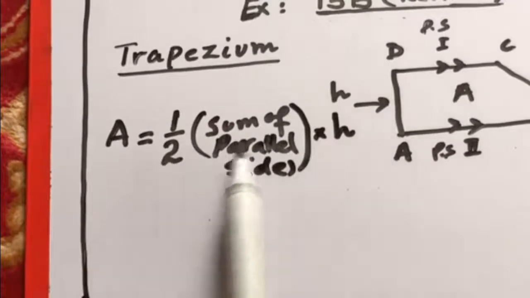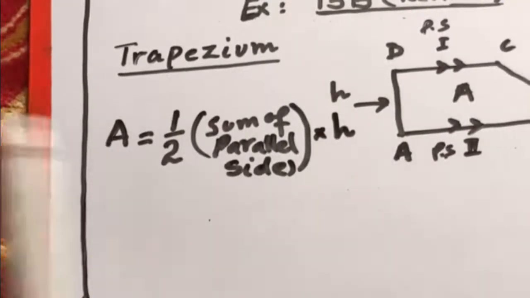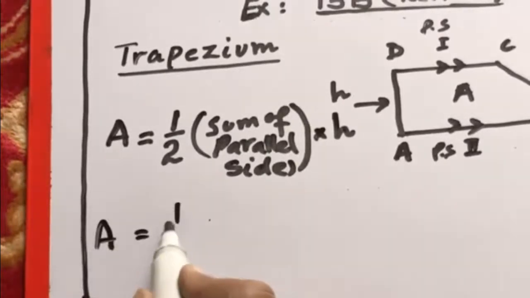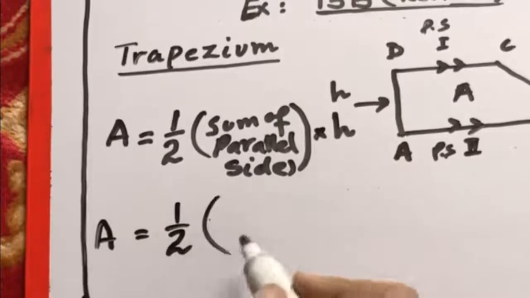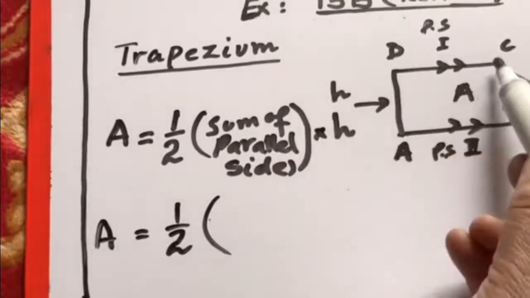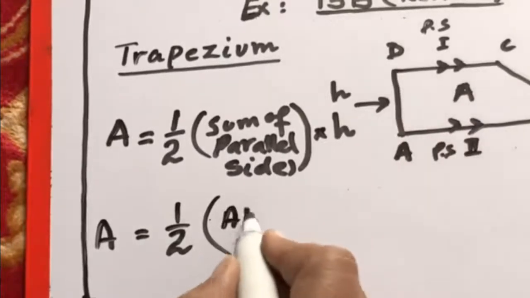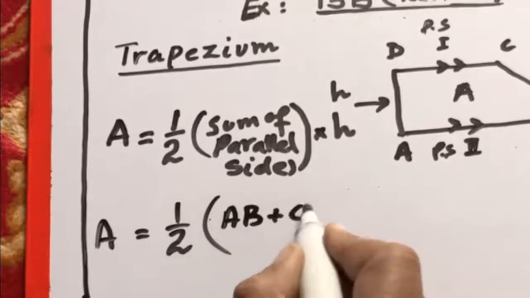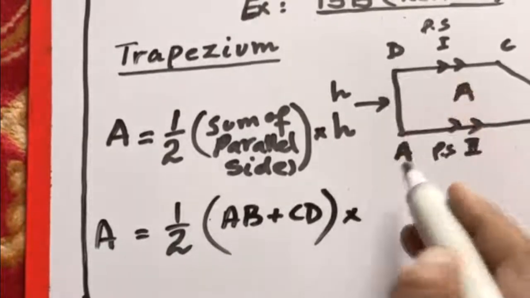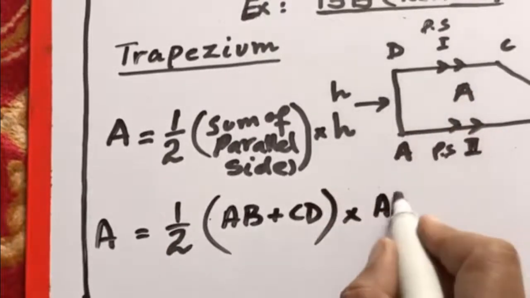So it is the formula to find the area of a trapezium. So we can write 1 over 2, sum of parallel sides, the first side is CD or AB. So we can add AB plus CD and multiply by AD, which is the height of a trapezium.